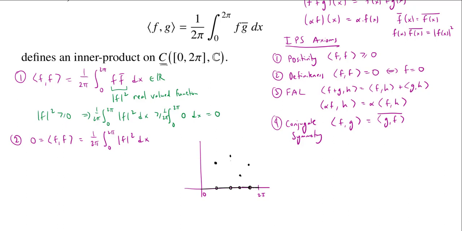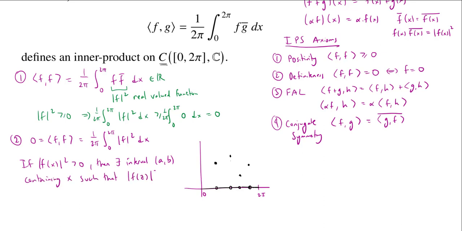All right, so if this length of f squared evaluated, let's say at some point x, is greater than 0, then there exists an interval, let's call it, say, a to b, containing x, such that the length of f of, well, let's just call it z squared, is greater than 0 for all z in (a, b), right?